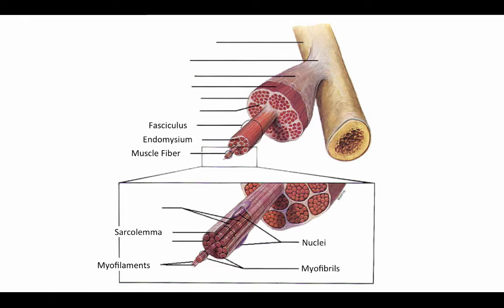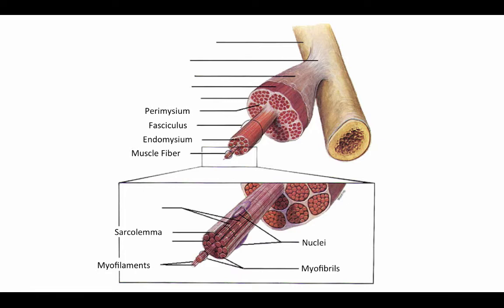A group of muscle fibers is known as a fasciculus, and each fasciculus is surrounded by its own layer of connective tissue called the perimysium. The perimysium is connective tissue that surrounds each fasciculus. A fasciculus is a bundle of muscle fibers, each of which is surrounded by a connective tissue called the endomysium.